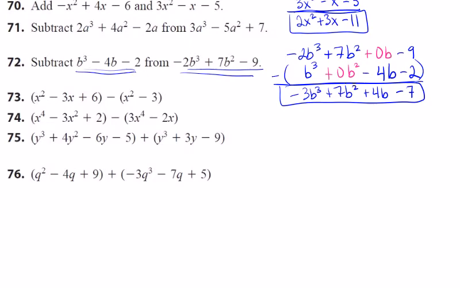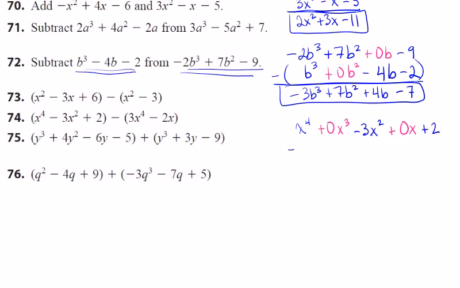So I'm going to set up x to the fourth. I'm going to leave a space for the x cubed term since I don't have one. Negative 3x squared. Leave a space for the x term. And then plus 2.